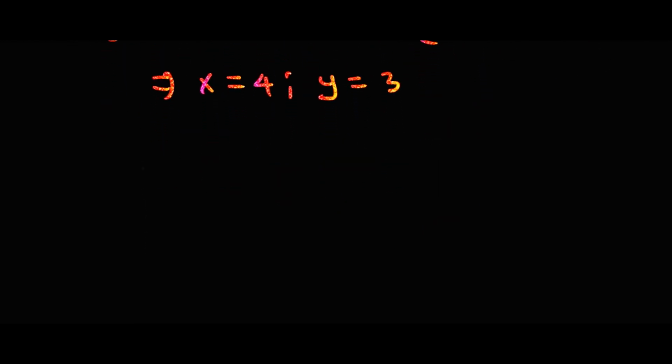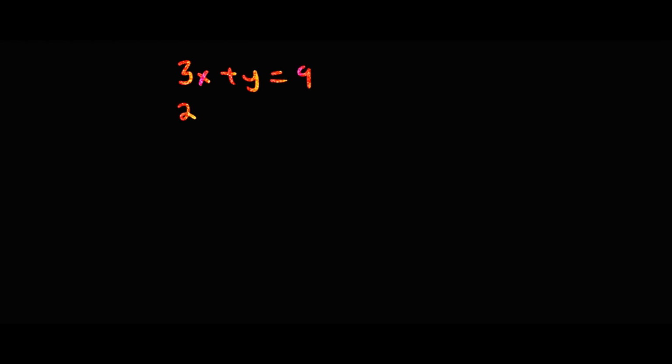Now let us look at the second example. The second example was 3x plus y is equal to 9, and 2x minus 3y is equal to negative 5.